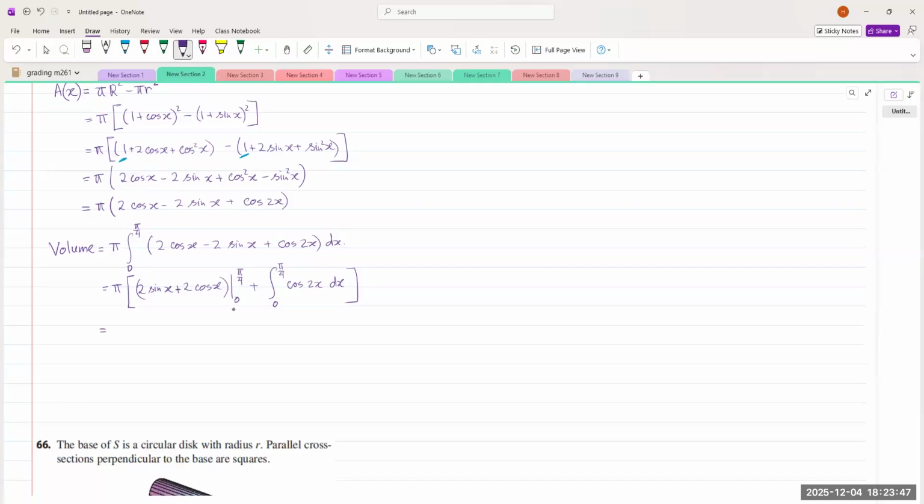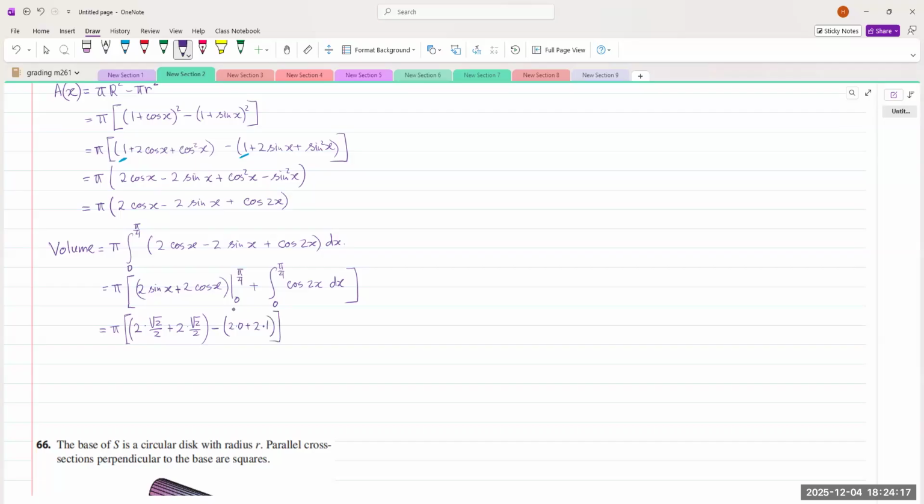This will be pi times, let me separate that. So this will be 2 sine pi over 4, that's radical 2 over 2, plus 2 cosine pi over 4, that's also radical 2 over 2, minus, when it is 0, 2 times 0 plus 2 times 1.